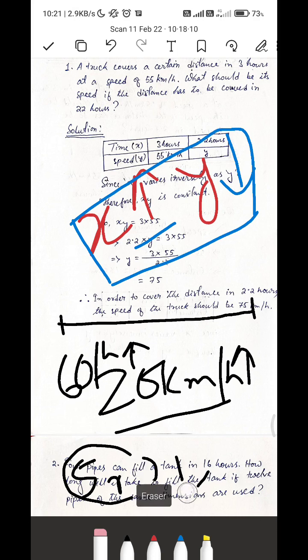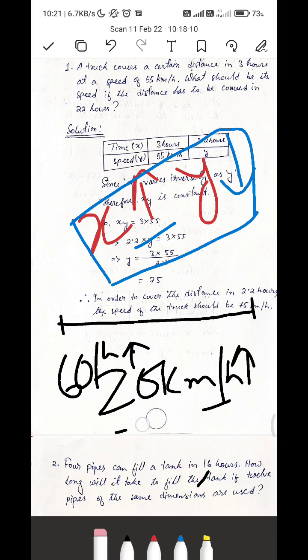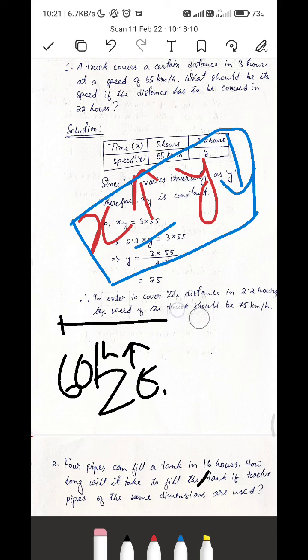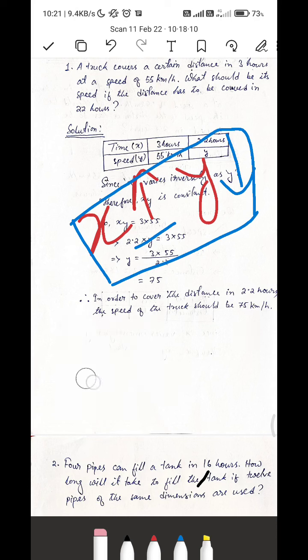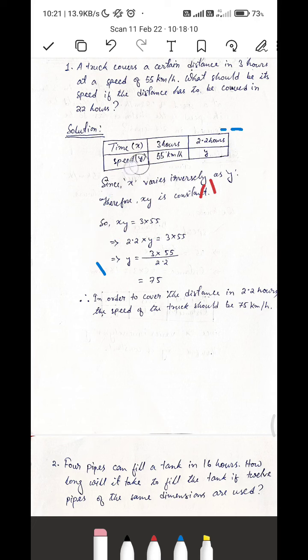Okay, now let's start with the first question. Let's read the first question first. A truck covers a certain distance in 3 hours at a speed of 55 km per hour.